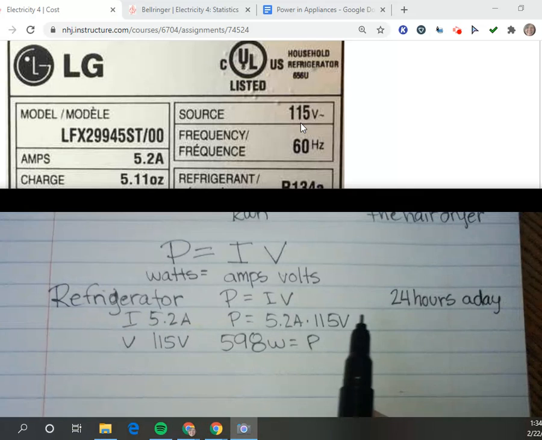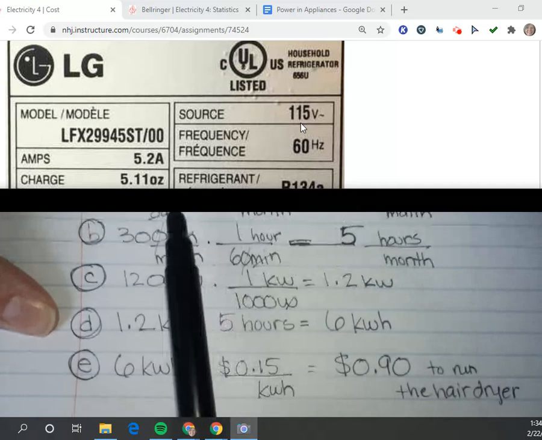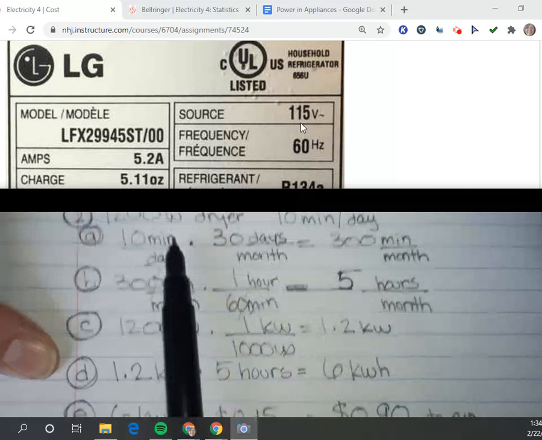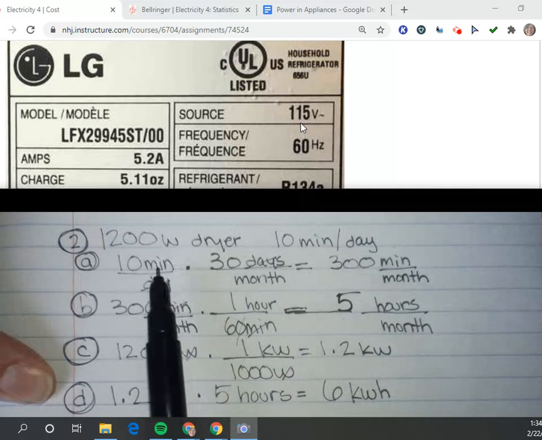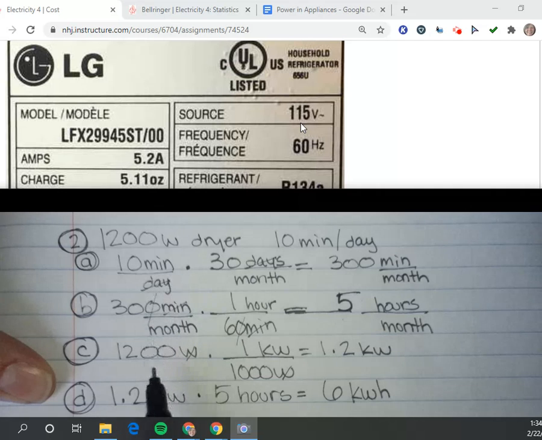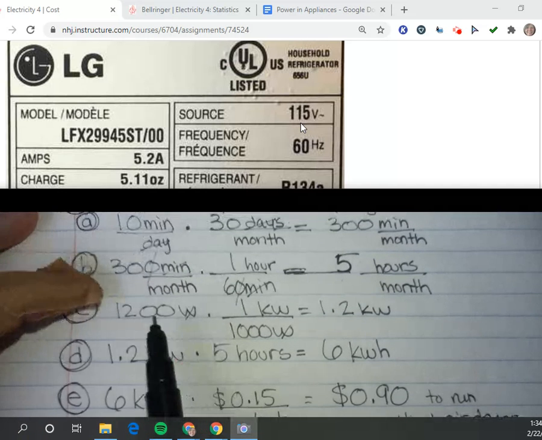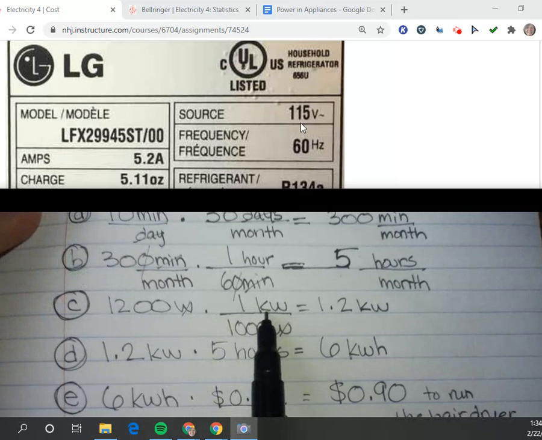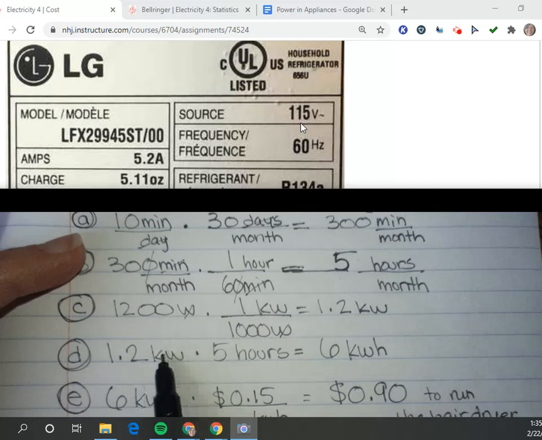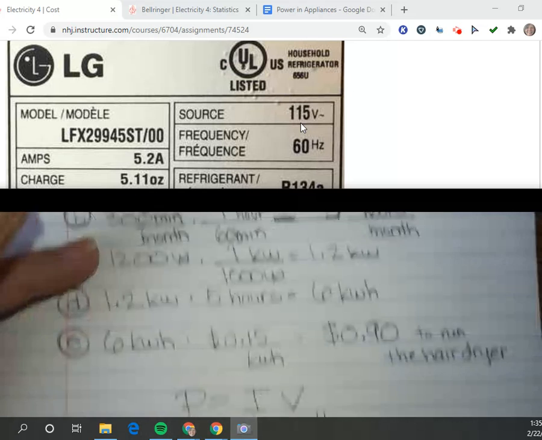All right, so now that we found that out, let's go back to what we did up here. We had watts. We're going to use hours, so we can kind of skip down here to where we need to do how many kilowatts is it? And then we're going to take our kilowatts times hours.